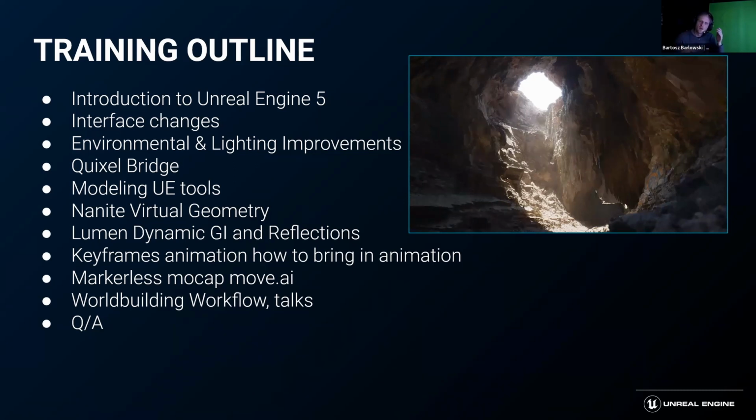These are all very new words that are trendy right now, and I'll talk briefly about them. Then keyframes, how to bring animation into the engine. We'll also talk later about markerless mocap, Move AI, and I'll briefly talk about world building workflows, which I'll share right now before I jump into the whole course.